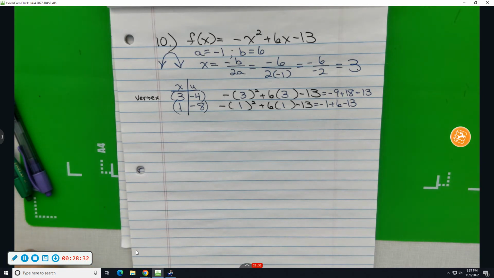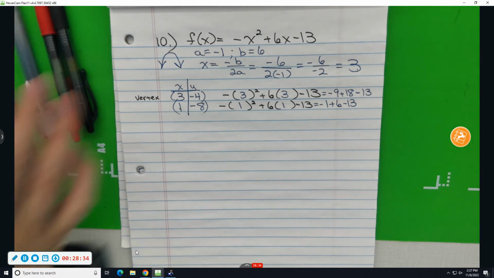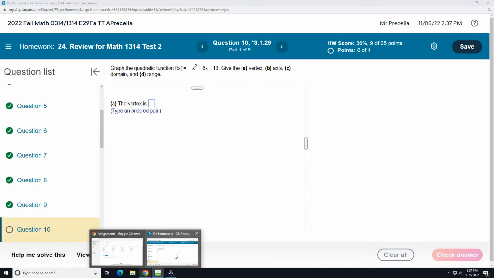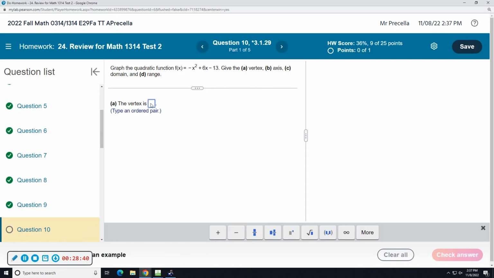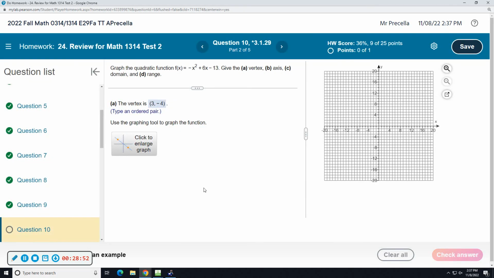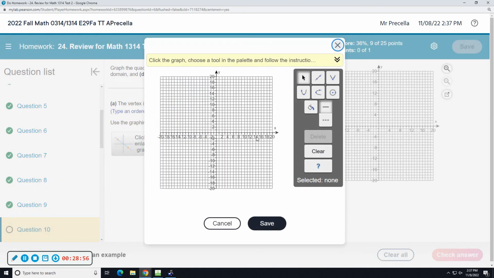So, let's go over to my lab. The vertex is, that was the ordered pair we found, 3, -4. Now they want us to draw the graph. We're graphing a vertical parabola.